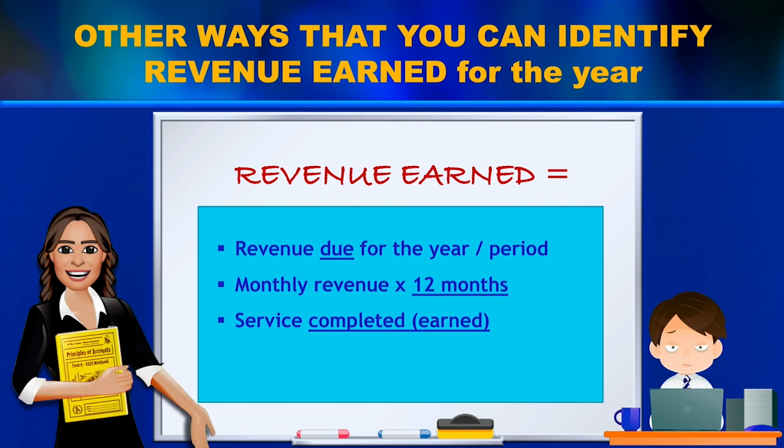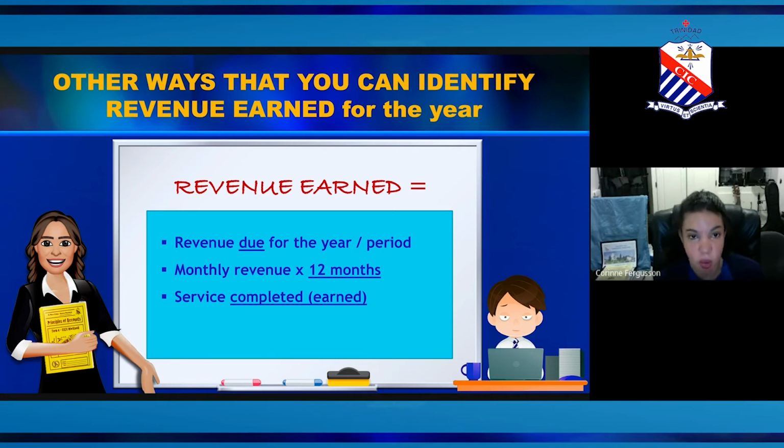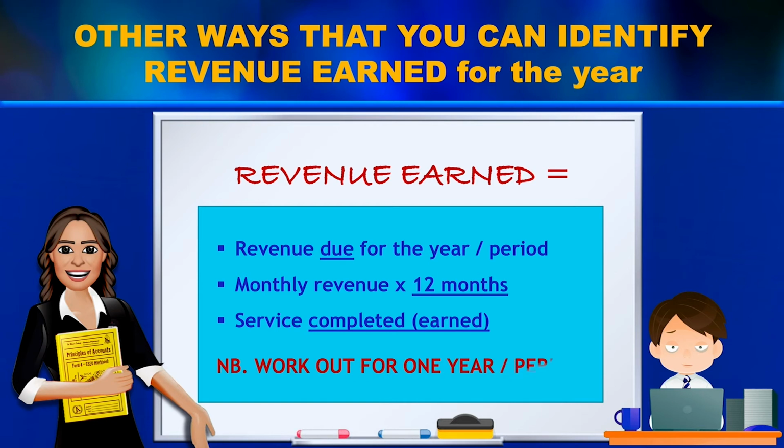But the main point that we make is if the period is for a year, whatever information they give you, you are working it out for a year, right? Which is 12 months. So just always keep that in mind.